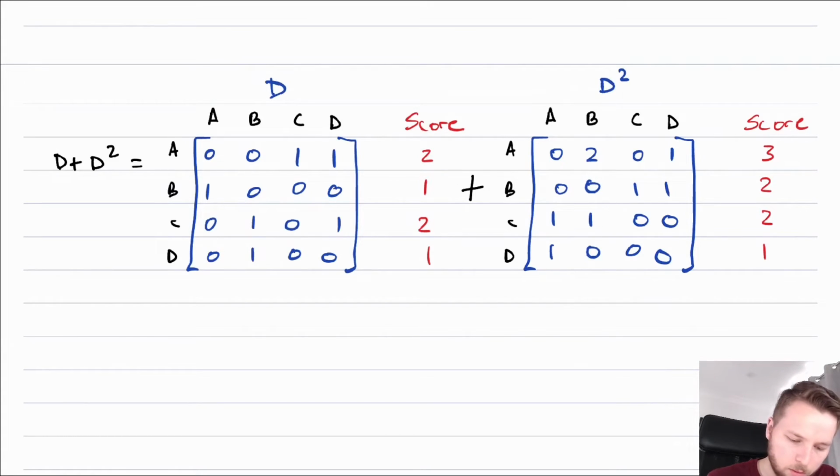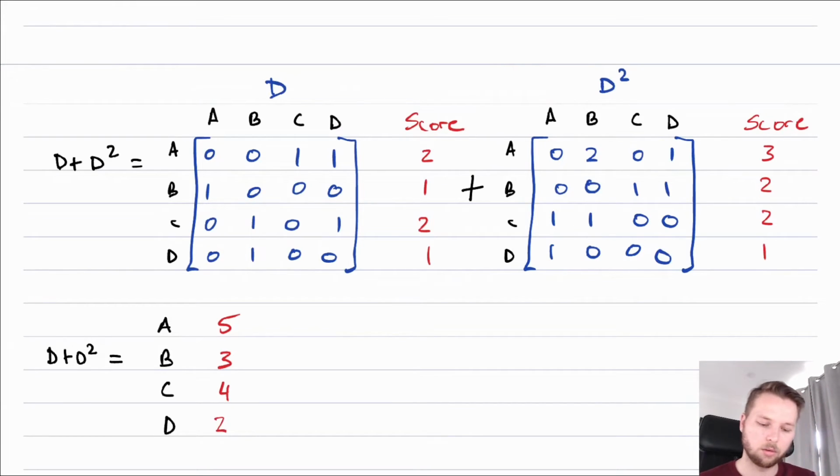So the score for A, I'm going to write this vertically here. We've got A, B, C, and D. D plus D squared equals, well, for A the score is 2 plus 3, so that's 5. B is 1 plus 2, which is 3. C is 2 plus 2, which is 4, and D is 1 plus 1, which is 2.